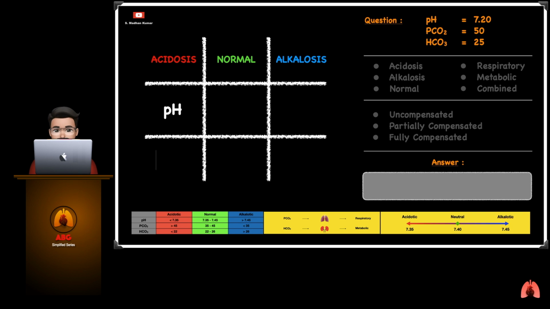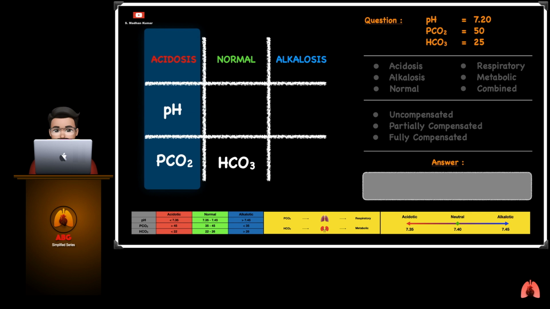So, mark it under the acidosis column. HCO3 is 25, which is in the normal range. So, mark it under the normal column. If you see, HCO3 is normal, but the other two values are abnormal. So, the final interpretation will be uncompensated respiratory acidosis.